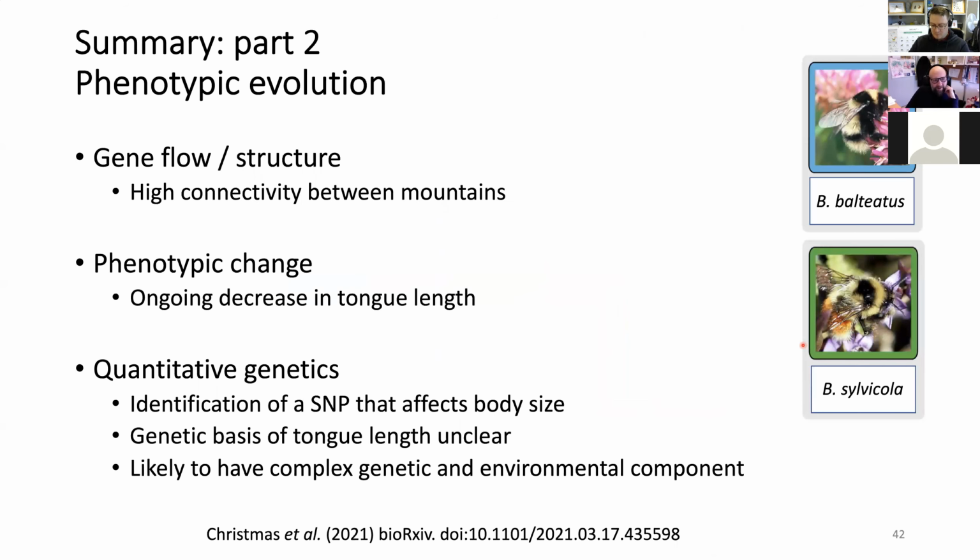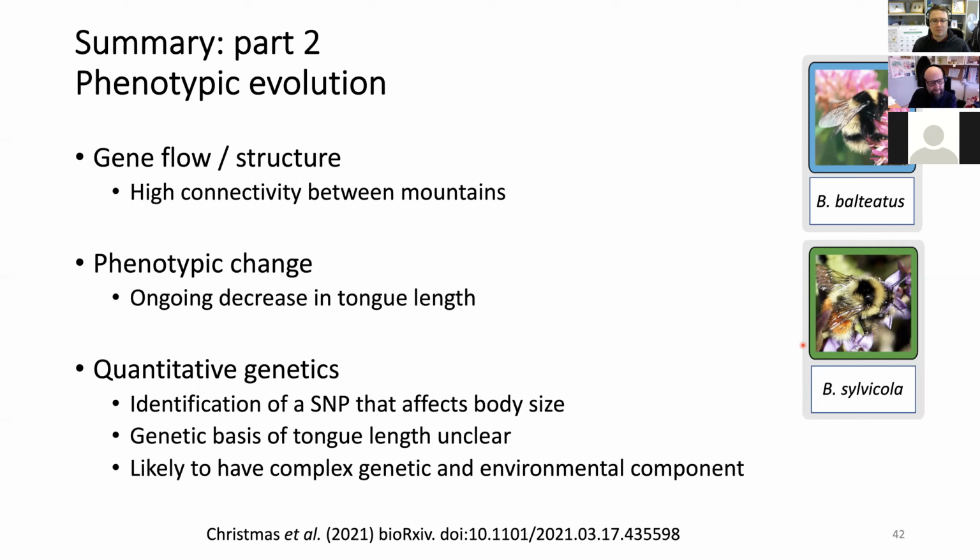So just to summarize the second part, we can see that we have pretty high connectivity between the mountains, so there's very little geographical substructure in bumblebee populations. And we observe that these tongue length changes that were observed previously are ongoing.